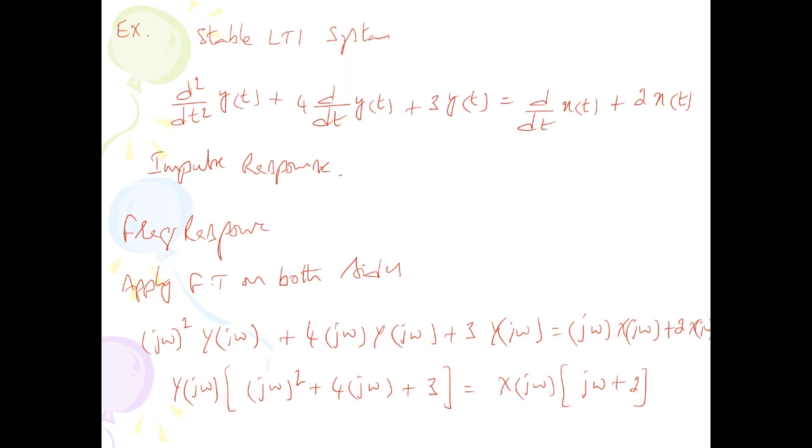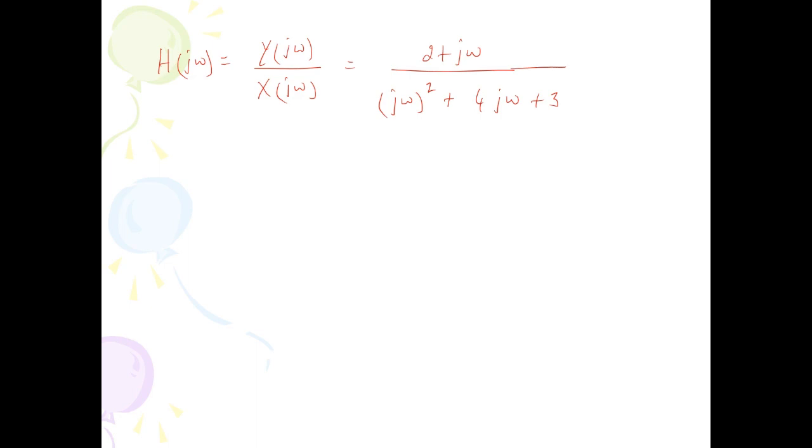From this you can write H(j omega) equals Y(j omega) by X(j omega), which will be equal to (2 plus j omega) by ((j omega)^2 plus 4 j omega plus 3). So this is nothing but the frequency response of the system.